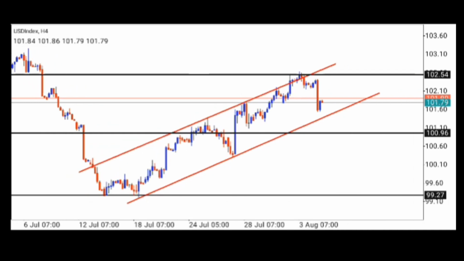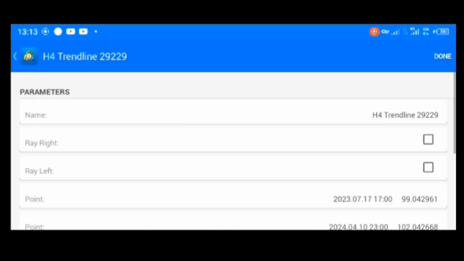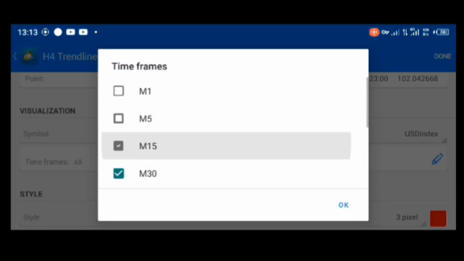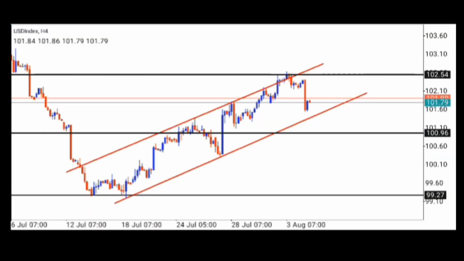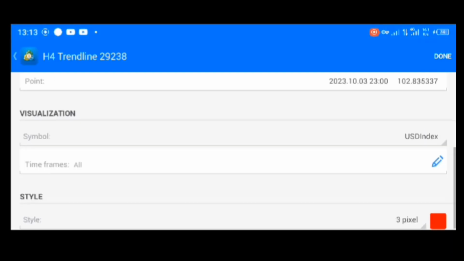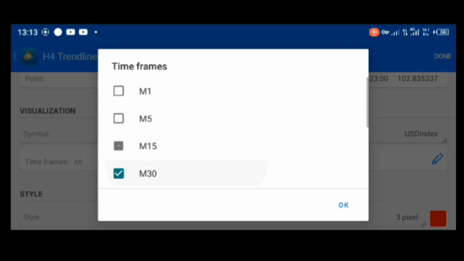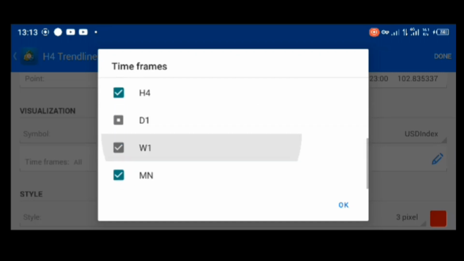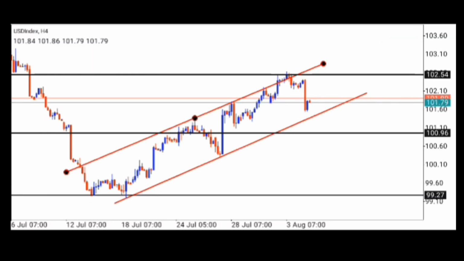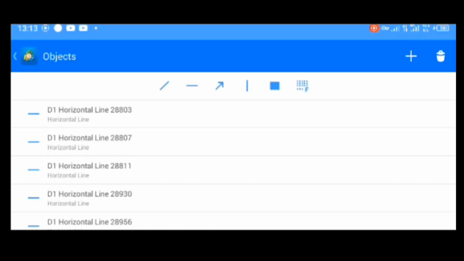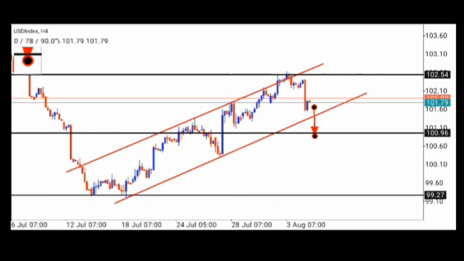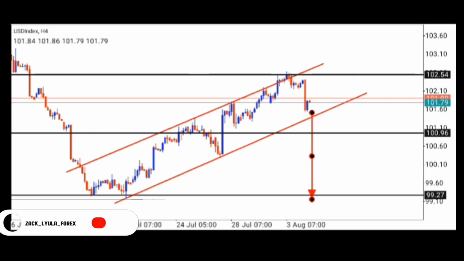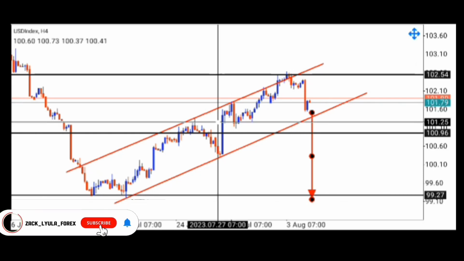Basically trying to cater for more touches. With what I'm seeing right now, I'm seeing some form of a bearish flag. On this particular pair, okay, not pair, this is the DXY, I'm expecting to see the market break out of this channel. Let me use the cross here.